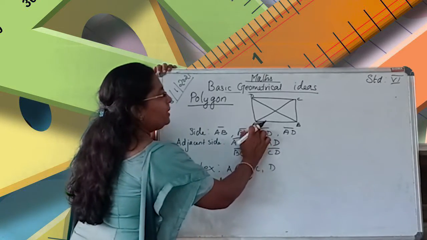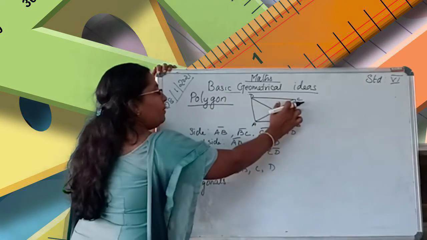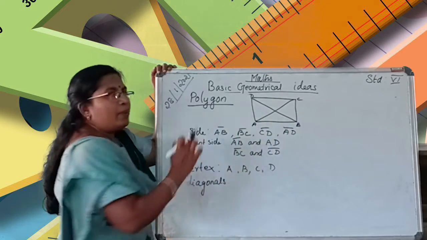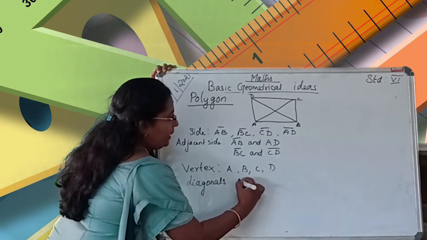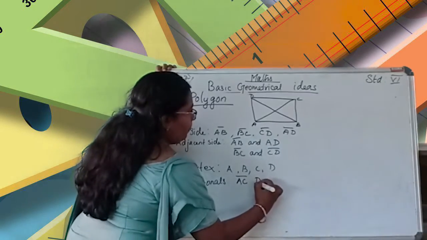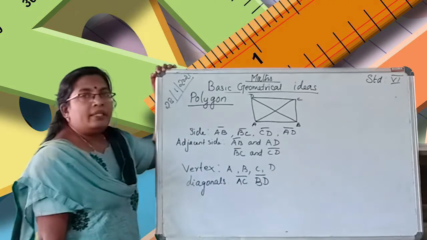Adjacent means near. Non-adjacent vertices joined by a line segment is called a diagonal. Here what are the diagonals? AC and BD or DB are the diagonals.